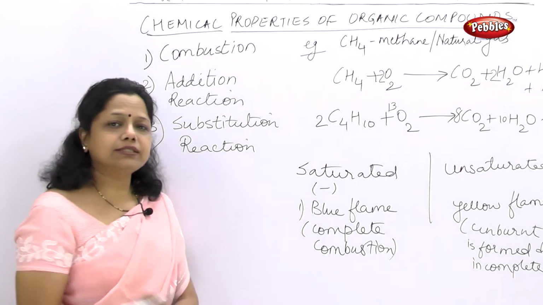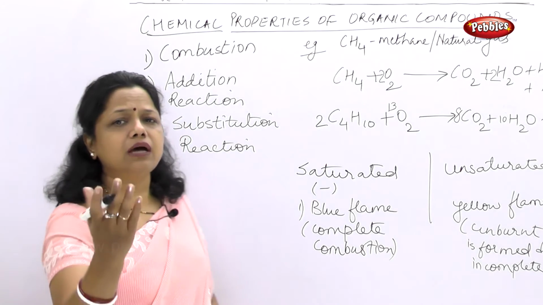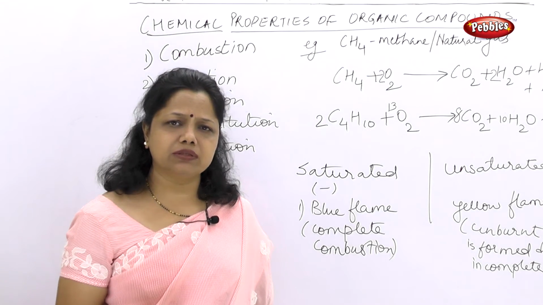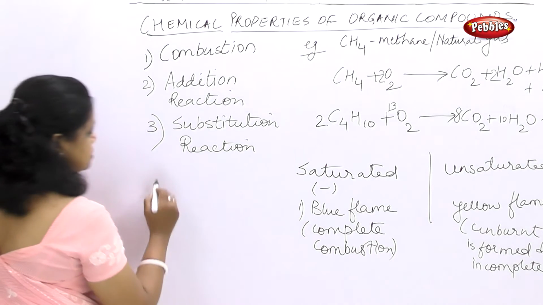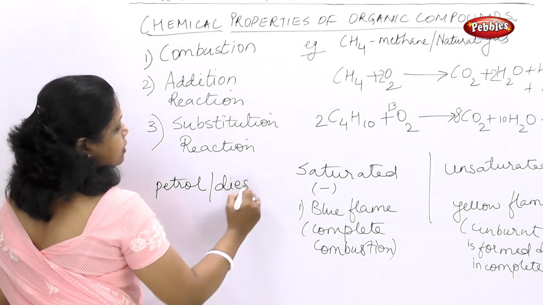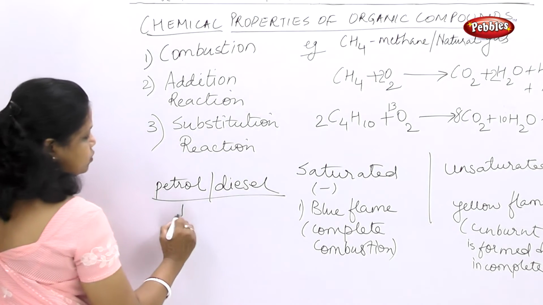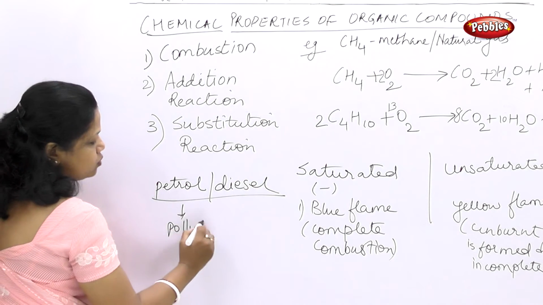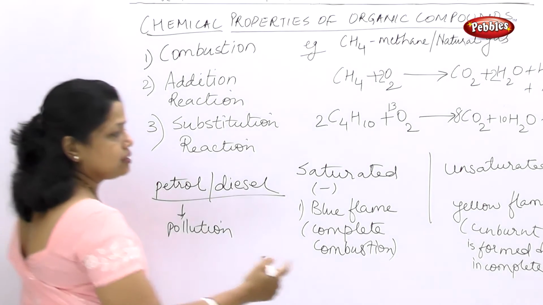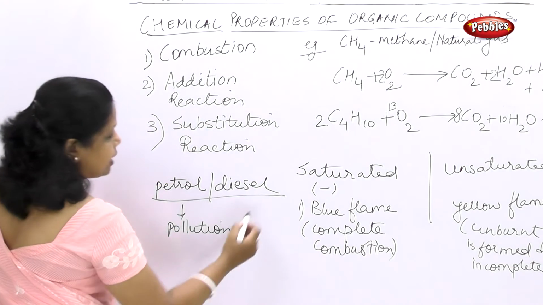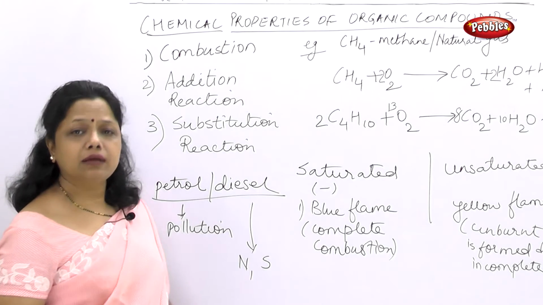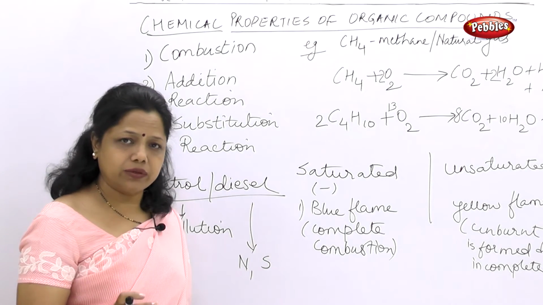Now if I say petrol and diesel are unsaturated hydrocarbons, why do they give out so many pollutants in the air? Petrol and diesel give out too much pollution. Why? Because they are unsaturated compounds, and they contain nitrogen and sulfur as constituents.